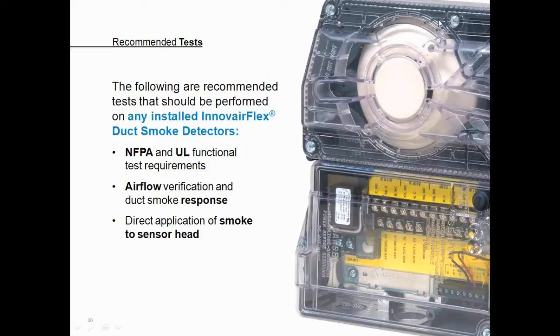First, we suggest following NFPA and UL functional testing requirements. There are airflow verification and smoke response tests that can be completed. And finally, directly applying smoke to the sensor head in order to ensure the detector is capable of sensing smoke are the main varieties of testing.